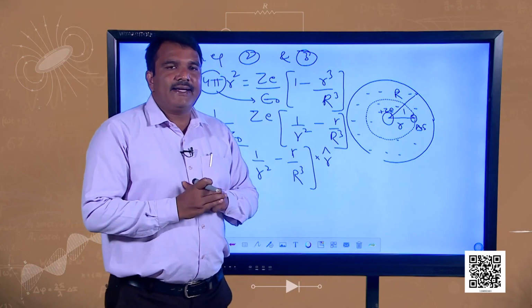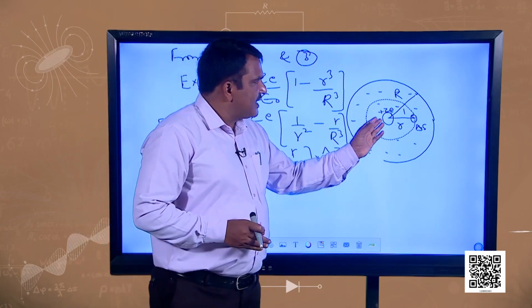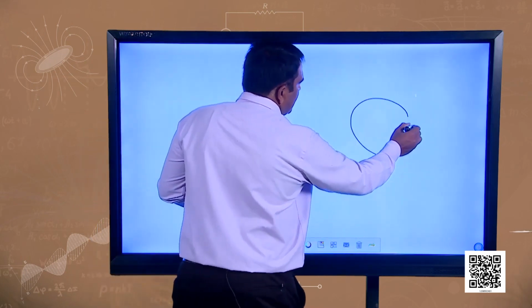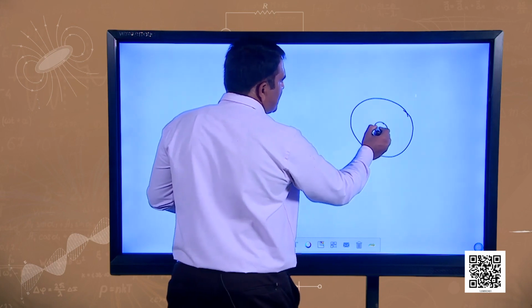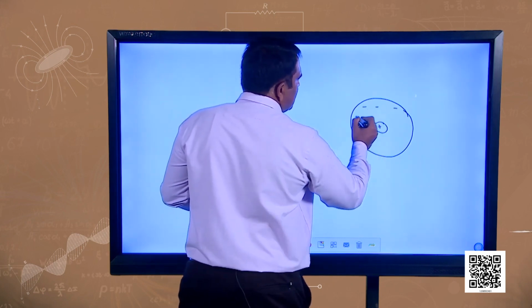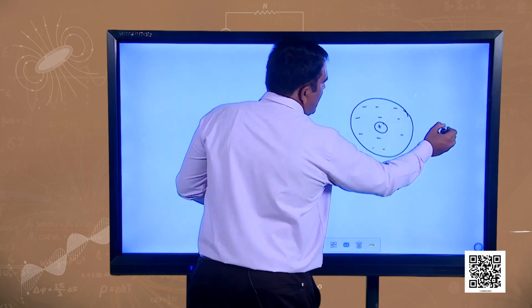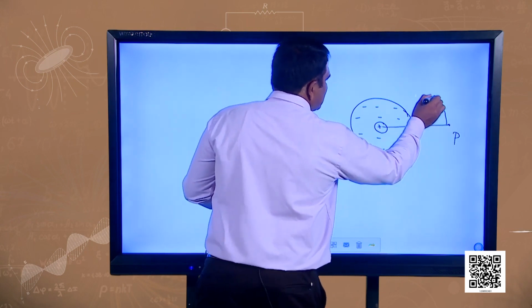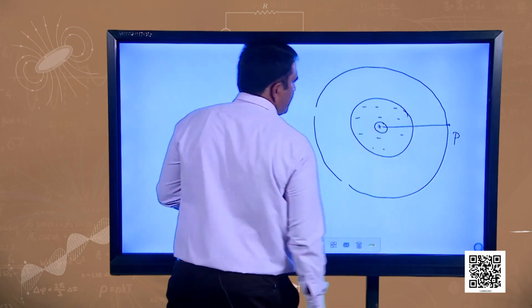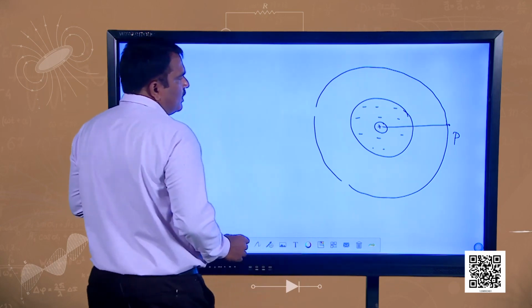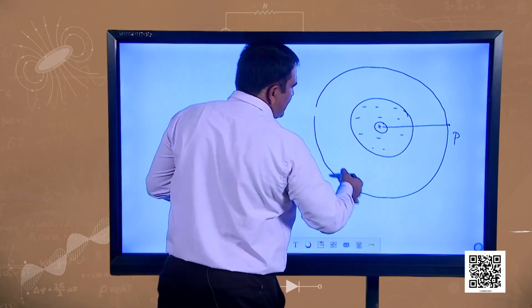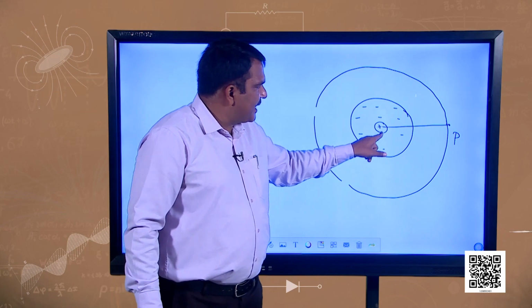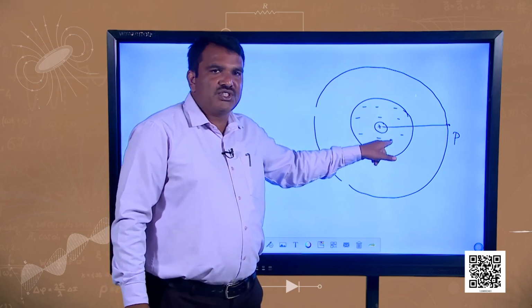If you want to find electric field at any point lying outside the atom, this is our positively charged nucleus, and suppose this is the point and this is the Gaussian surface, then the amount of charge enclosed in this particular case will be 0, because total amount of negative charge is equal to total amount of positive charge.